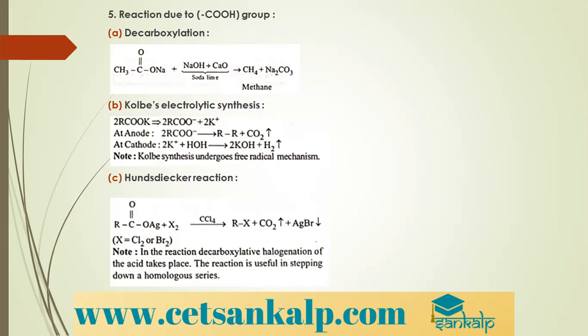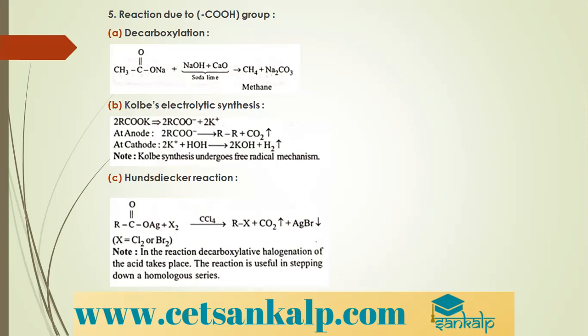Kolbe synthesis undergoes a free radical mechanism. Okay. Then the Hunsdiecker reaction. When the silver salt of carboxylic acid is treated with a halogen, usually we go for either chlorine or bromine, because fluorine is least reactive and iodine is highly reactive.